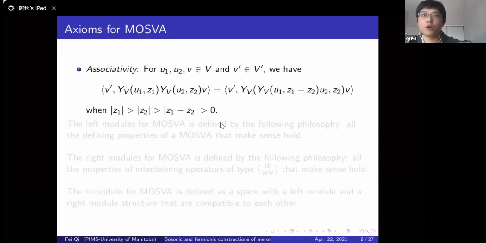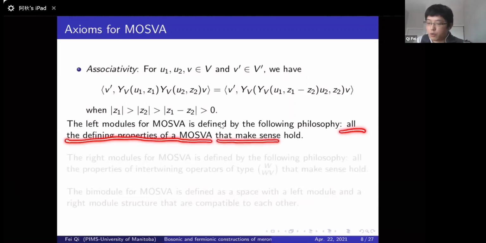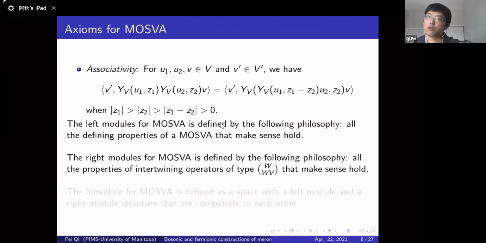So I will not go over the axioms for the left modules, right modules, and bimodules. Well, I just discussed this. The philosophy is the same. All defining properties of the algebra that make sense should all hold. So this is how you define left modules. For the right modules, we basically require that all the properties of intertwining operators of this type that make sense should hold.